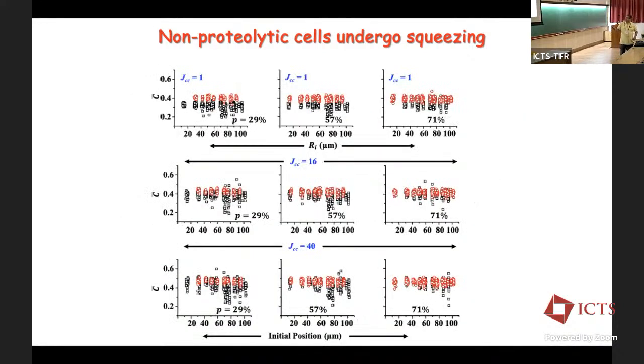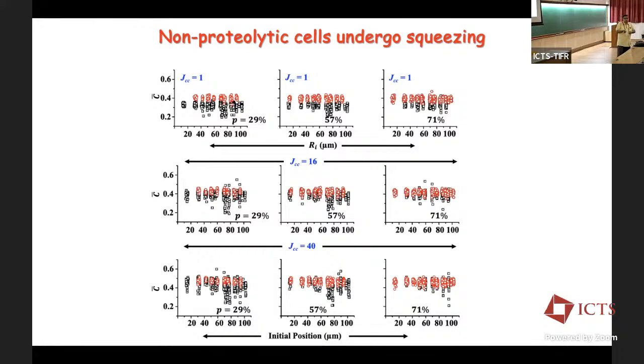So this is again the same information plotted as a function of the initial position. Consistently the same thing stands out, that the non-proteolytic cells possess lower circularity, which means that they are getting more deformed.